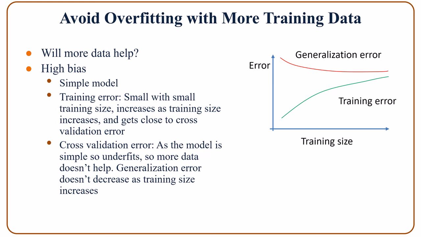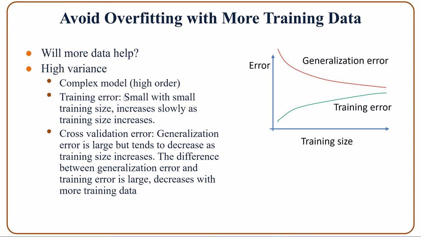How about cross-validation error? As the model is simple, it underfits. So more data doesn't help. Generalization error doesn't decrease as the training size increases. So our conclusion is that with a high bias model, more training data doesn't help.